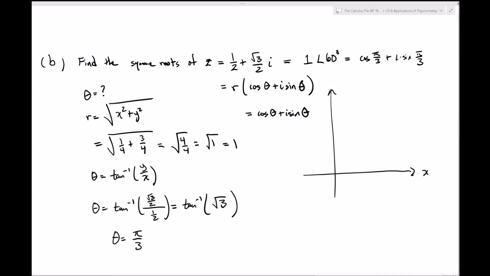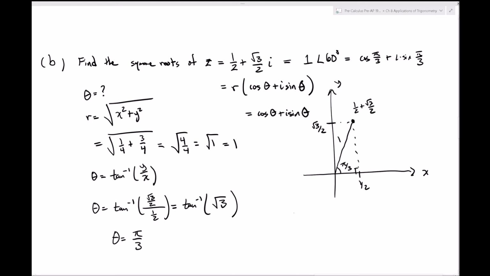Call this x, call this y, and we're talking about a 60-degree angle with a radius of 1. So this is 1/2 plus square root of 3 over 2. This right here would be 1/2, and this is square root of 3 over 2. And this is, of course, a 60-degree angle, or pi over 3 radians. So I would like to find the square root of that.